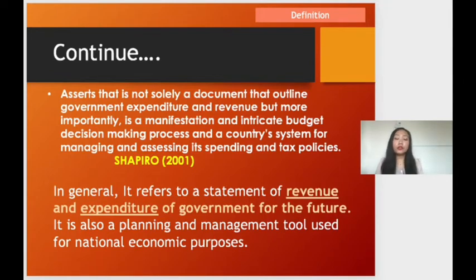So in general, it refers to a statement of revenue and expenditure of government for the future. It is also a planning and management tool used for national economic purposes. Whatever the explanation is, always remember, guys, that budgeting involves two very important criteria, which are the revenue or income, or in Malay, pendapatan, and also expenditure, in Malay, perbelanjaan.